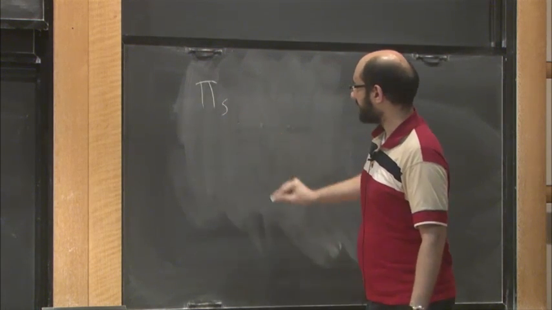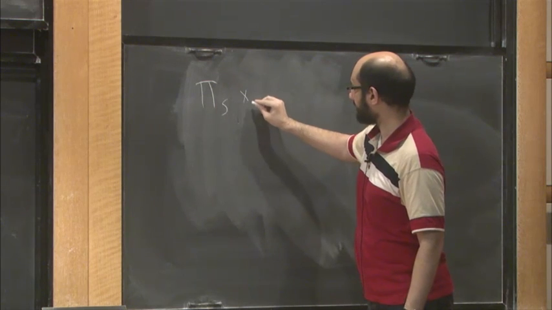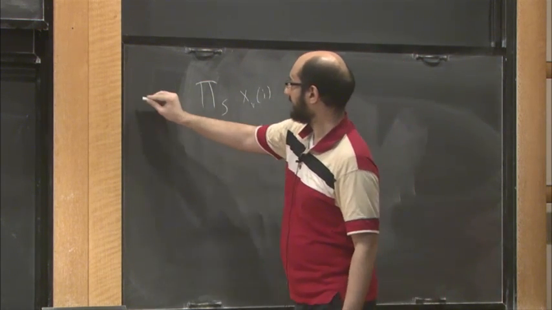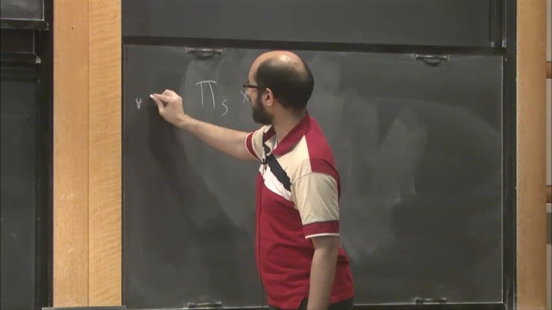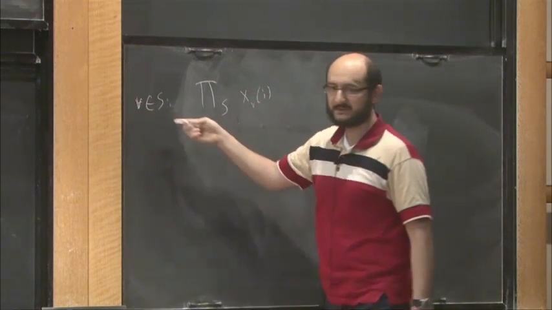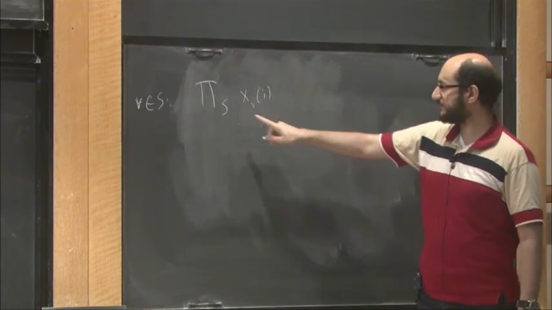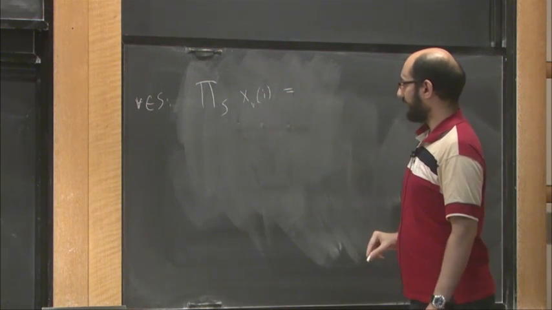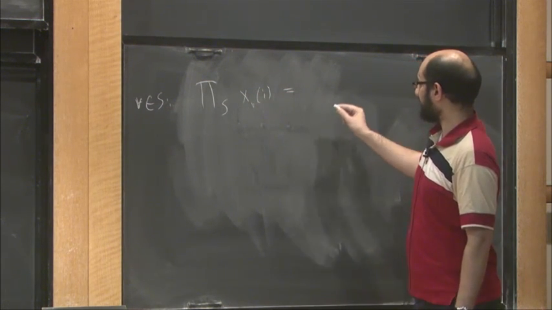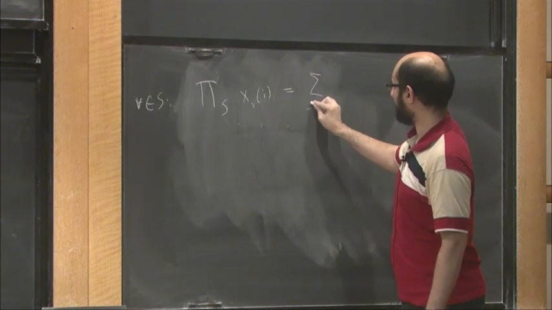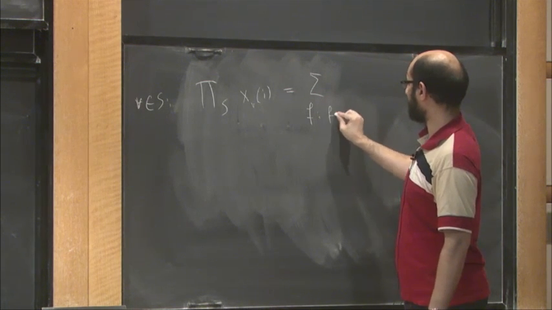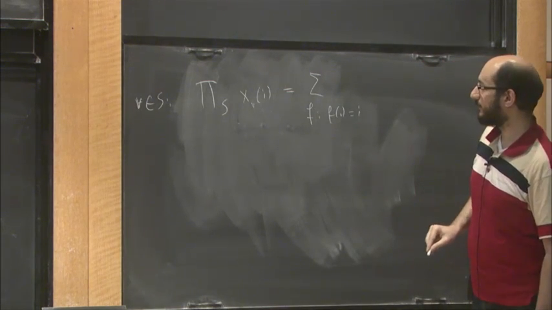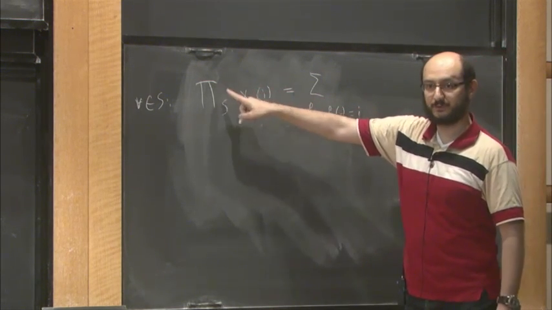And now let's look at one property. Say we take any vector v in S, and let's calculate this product here. What will this be? So this will be basically all f, where f of v is equal to no, not perp, just projection.